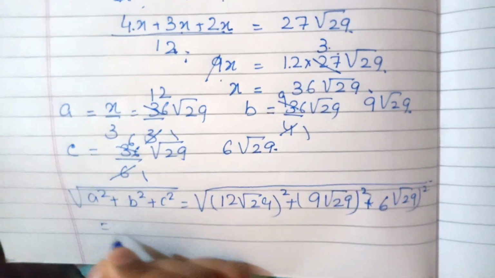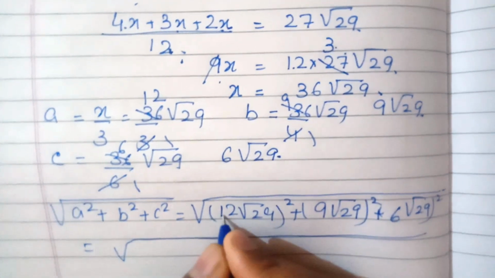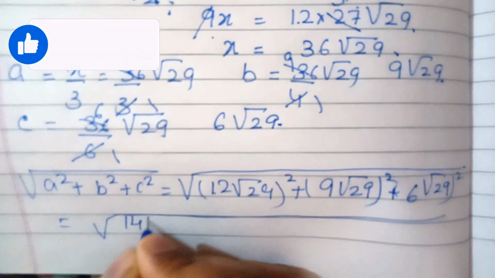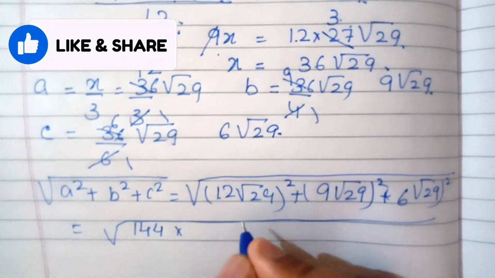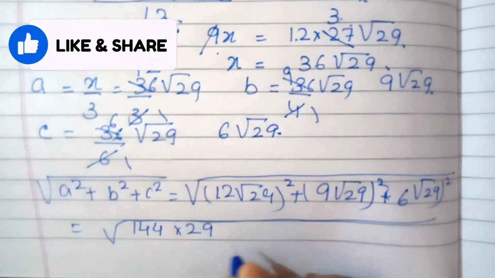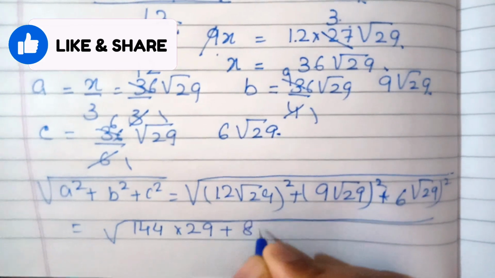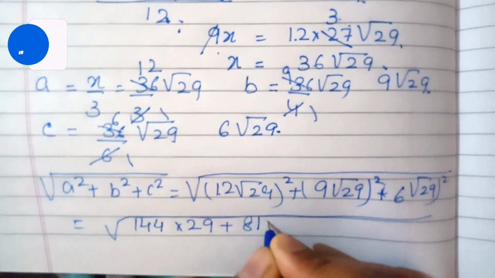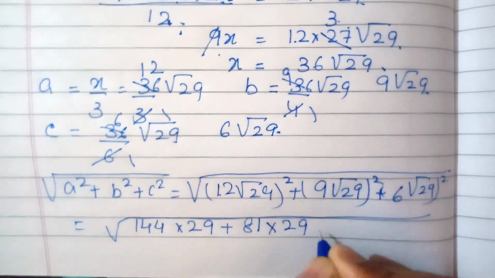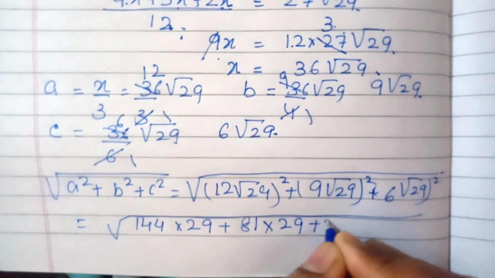So that will give us 12 square is 144, and the root gets cancelled, so 144 into 29, plus 9 square 81 into 29, plus 6 square 36 multiplied by 29.